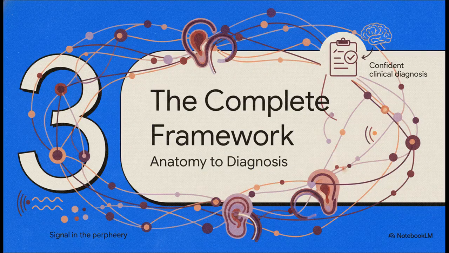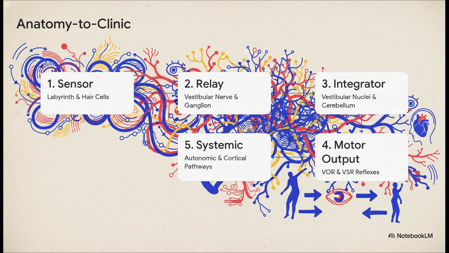So let's zoom out one last time and recap the entire diagnostic pipeline that we've built together throughout this whole series. We're going from a tiny signal in the periphery all the way to a confident clinical diagnosis. Remember where we started? With the sensors, the labyrinth, and its amazing hair cells. Then we followed that signal through the relay of the vestibular nerve.